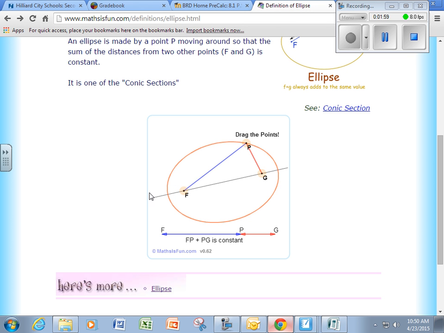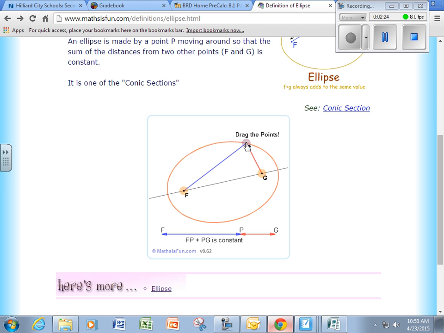So here's our oval-shaped ellipse. F and G are the foci, and so their distances are represented with the blue line and the red line. You can see the blue line and the red line here are basically being added together. So the sum of the blue and the red line should be the same for every point on the ellipse.